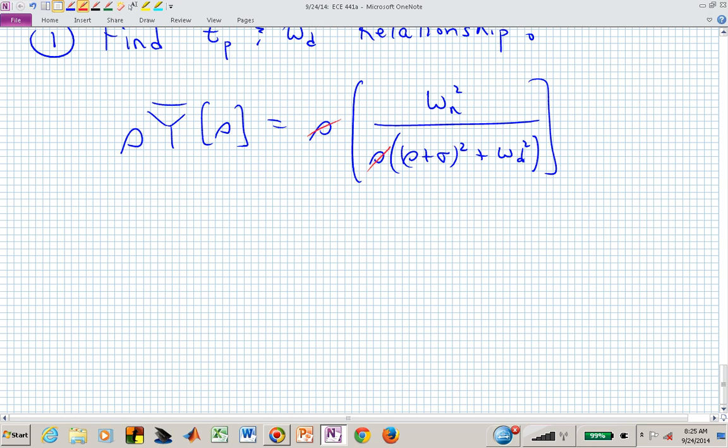If the numerator was simply omega sub d, no squaring, if it was just omega sub d, we would have what expression in the time domain? We now want, if we could find this, or if we had this, which we almost do in the blue, how do we get that?